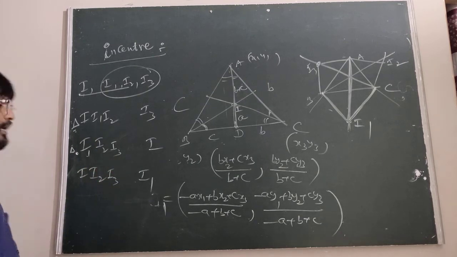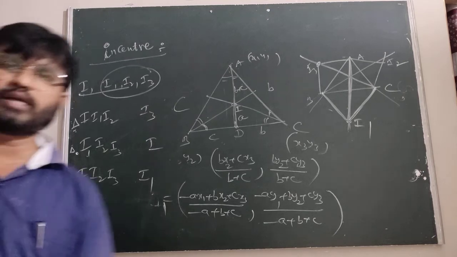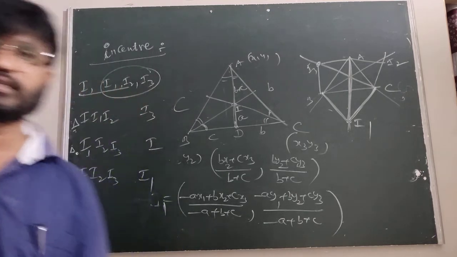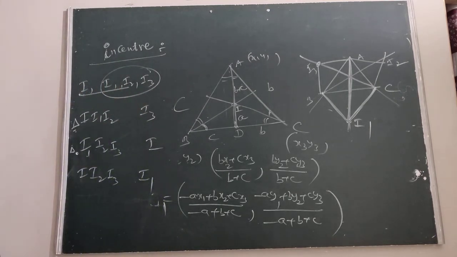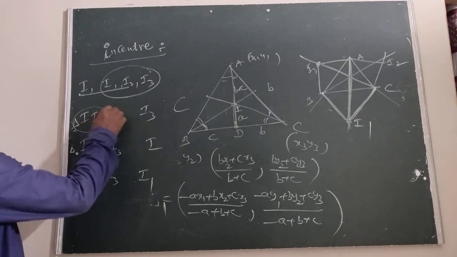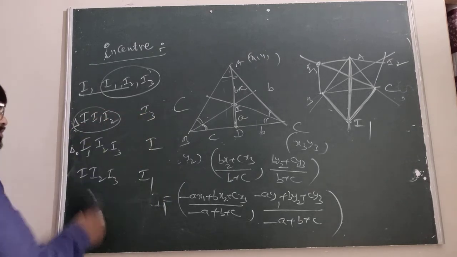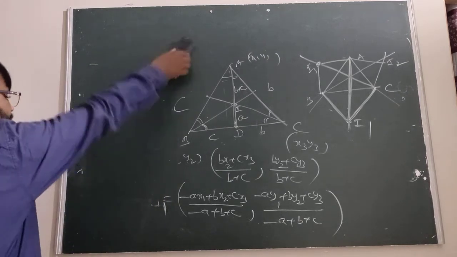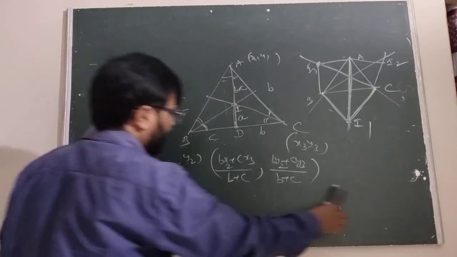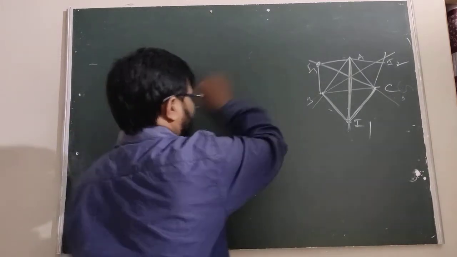Is it clear? I is the incenter and I1, I2, I3 are the excenters. Similarly for the remaining. This is the concept about the incenter and the excenters.